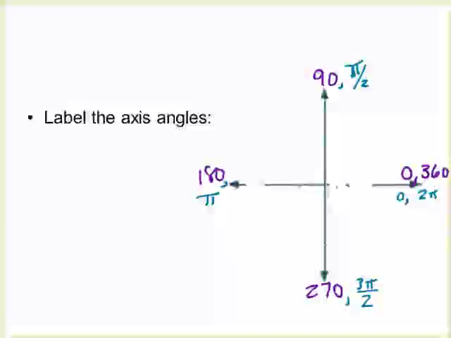So these angles are going to be special angles for us that lie right on one of those axis lines. We're going to find some trig values. We've talked about sine, cosine, and tangent. But instead of using triangles and thinking about SOHCAHTOA, we are going to use a circle.